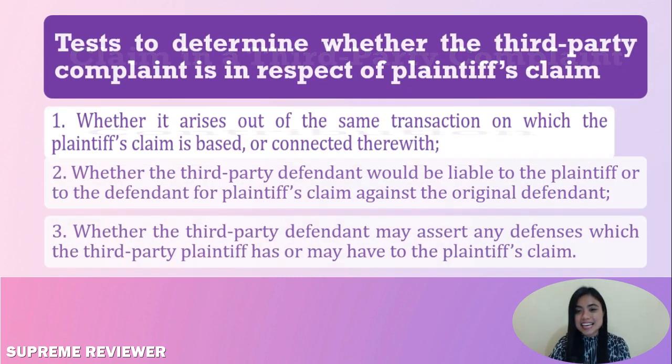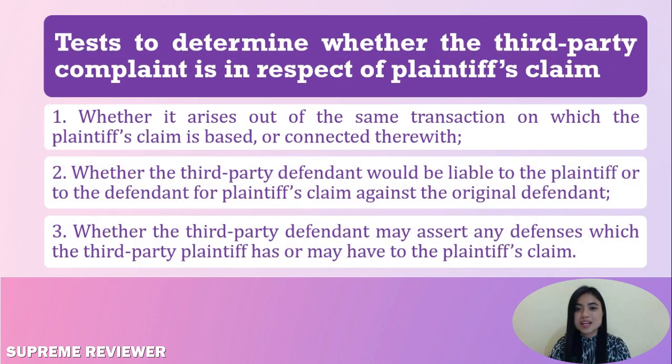Now, what are the tests to determine whether the third-party complaint is in respect of plaintiff's claim? As early as Capayas v. Court of First Instance of Albay, the Supreme Court already outlined the tests to determine whether the claim for indemnity in a third-party claim is in respect of plaintiff's claim.